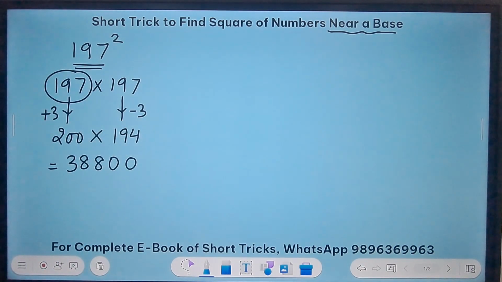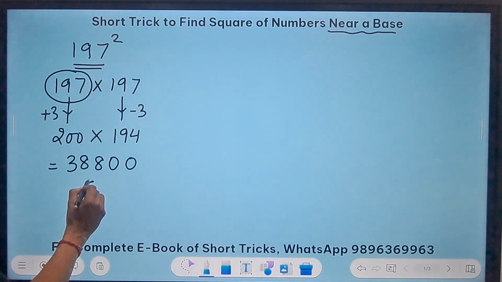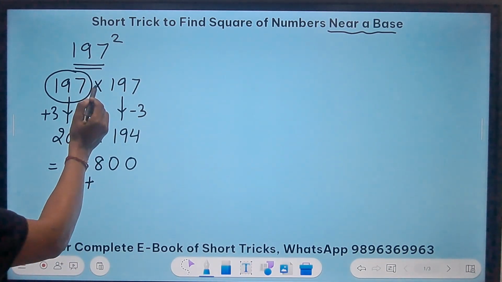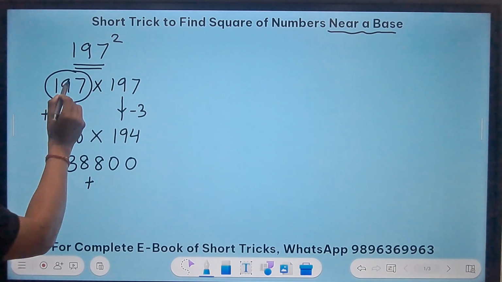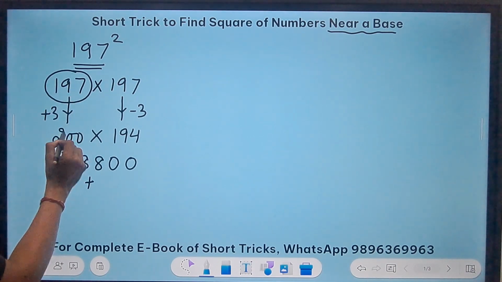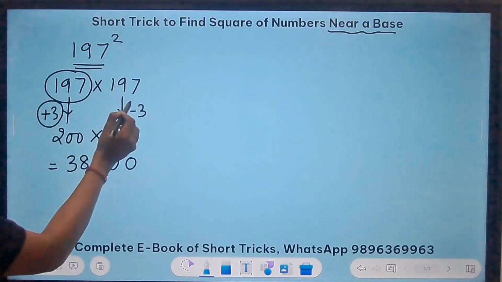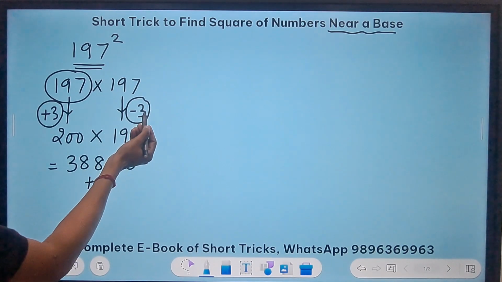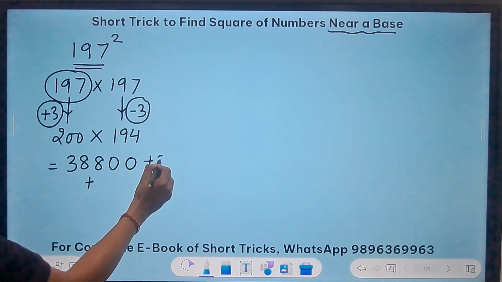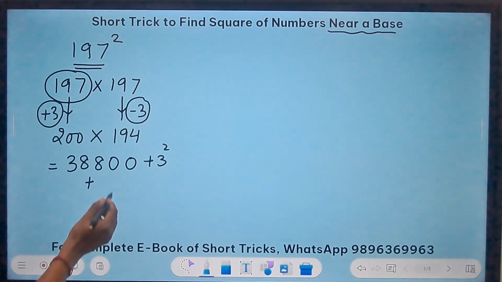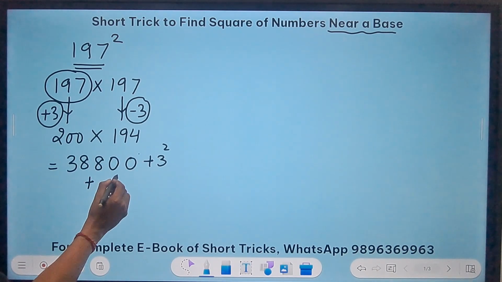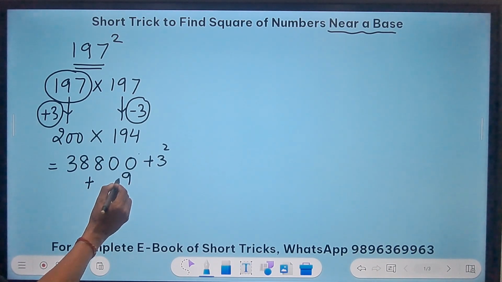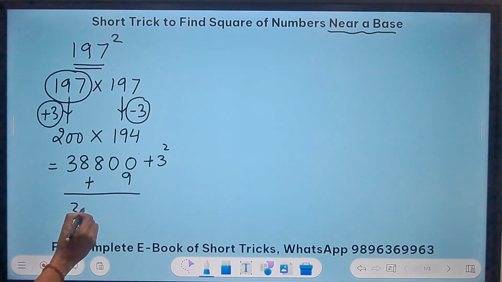We have one more step coming up. What is to be added to this? When you converted this number to a base number, how much did you add or how much did you subtract? 3, right? So just add 3 square to the result, and 3 square happens to be 9. So just add 9 to the result and now watch the magic.